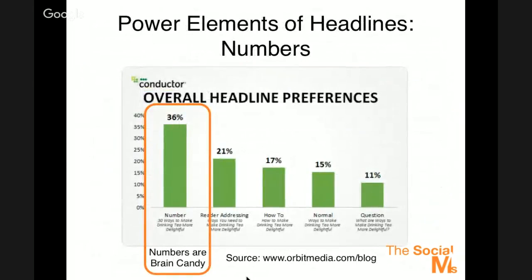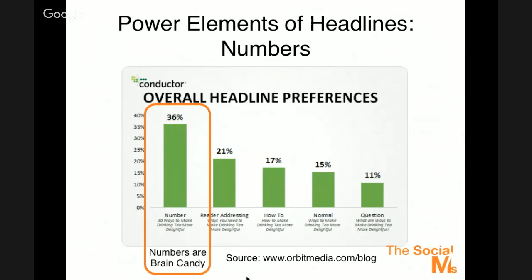The reason why research and statistics usually run well in a headline is because numbers are really a power element of headlines. In a world where a lot of people make claims but don't give proof, numbers provide a certain element of trust.